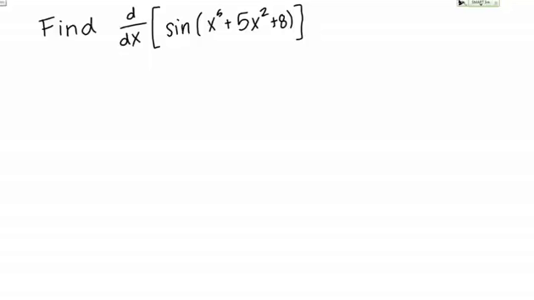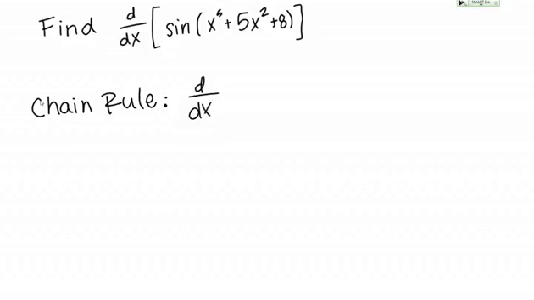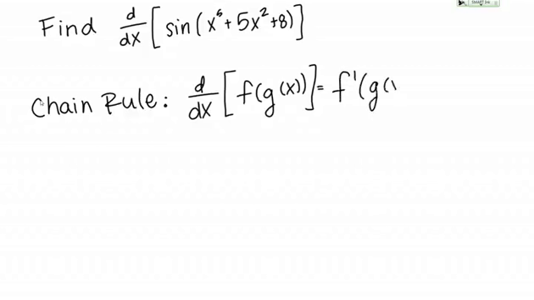Let's do an example that uses the chain rule. So this is what the chain rule says. The derivative of a composition of functions. The chain rule is for taking the derivative of compositions. It says the derivative of the composition f of g of x equals f prime of g of x times g prime of x.